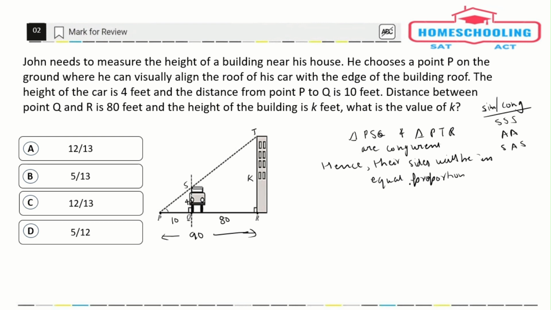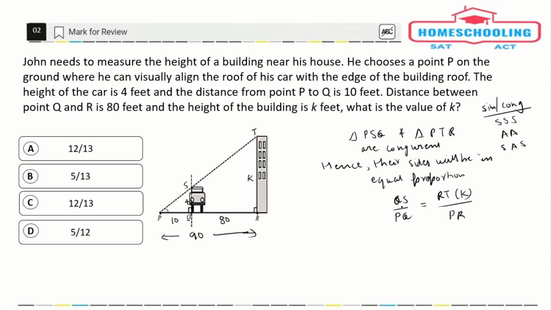So we can take QS by PQ in the smaller triangle, which is equal to RT, in the question it is given as K, by the base. For the bigger triangle, the base would be PR.